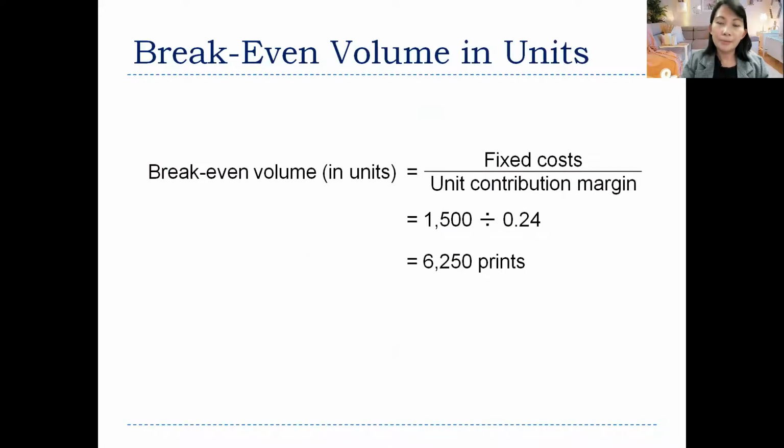How about the break-even volume in units? Break-even is the point wherein there is no profit nor loss. So how to compute break-even volume in units? Your formula is fixed cost divided by unit contribution margin.